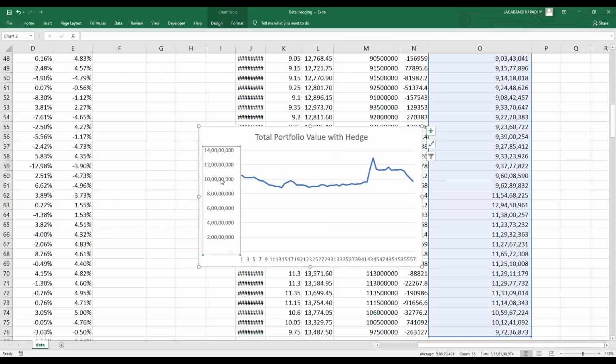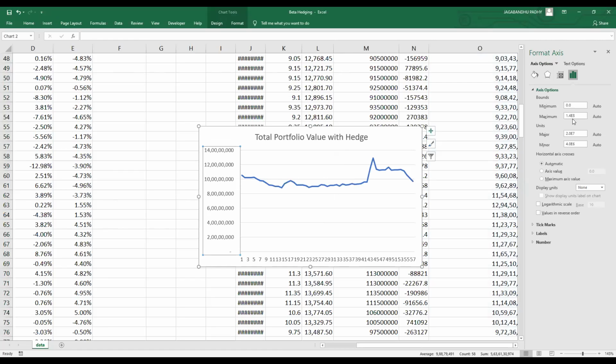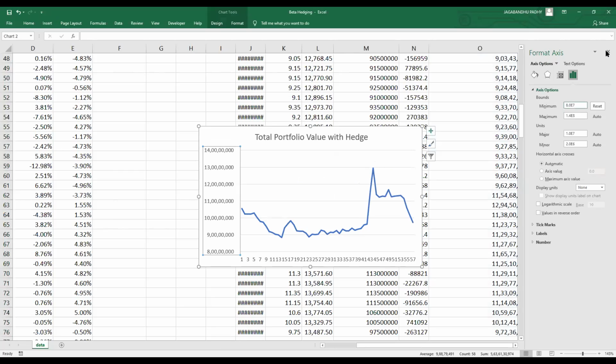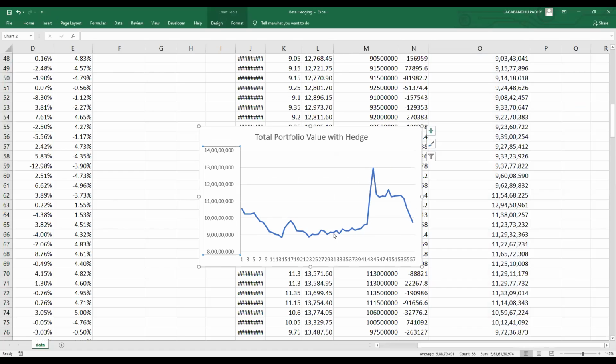Moreover, if I try to change the axis from a minimum of like 8 crore, I don't see the price to be stable. It is still in that fluctuation zone. What could be the reason for such fluctuation?